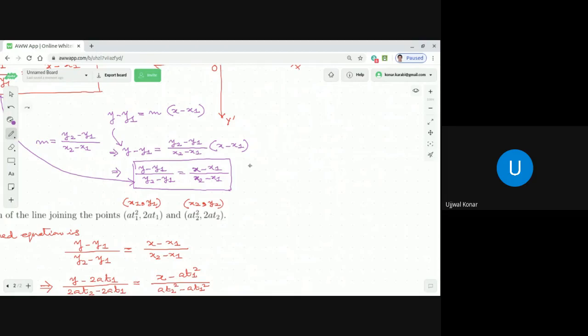So from here, what we can write is that y2 minus y1 divided by x2 minus x1 into x, minus y, plus y1 minus x1 into y2 minus y1 divided by x2 minus x1.